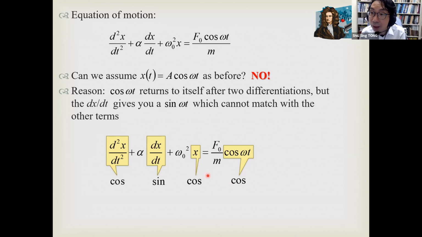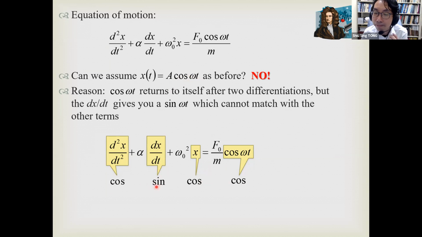But with damping, there's a problem. With damping, we have this additional term. That additional term involves the first derivative of the displacement. If the displacement is a cosine, then the velocity, which is the first derivative of the displacement, goes as a sine, or minus sine.